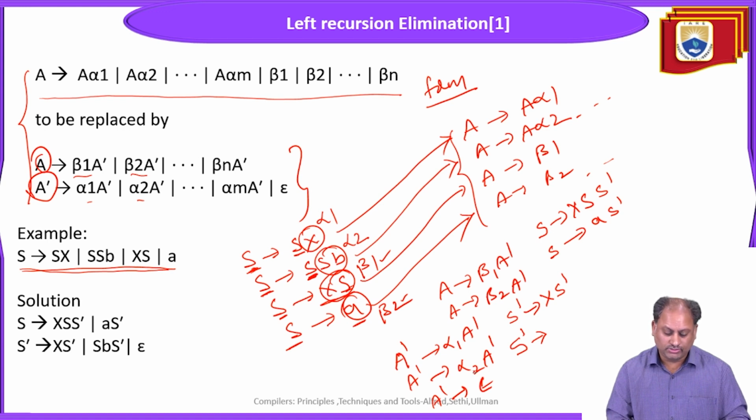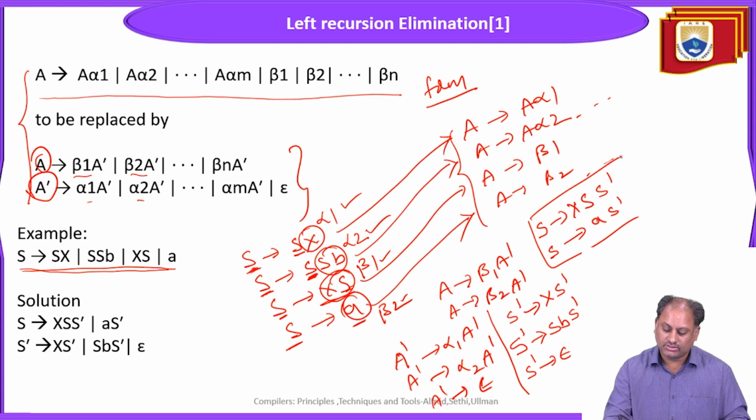So here alpha 2 specifies, previously we applied alpha 2, now here SB. SB, and then what is the value of A? That is S, so S dash. SB, S dash. Now here in the third one, S dash epsilon. So we got the two rules for this one.